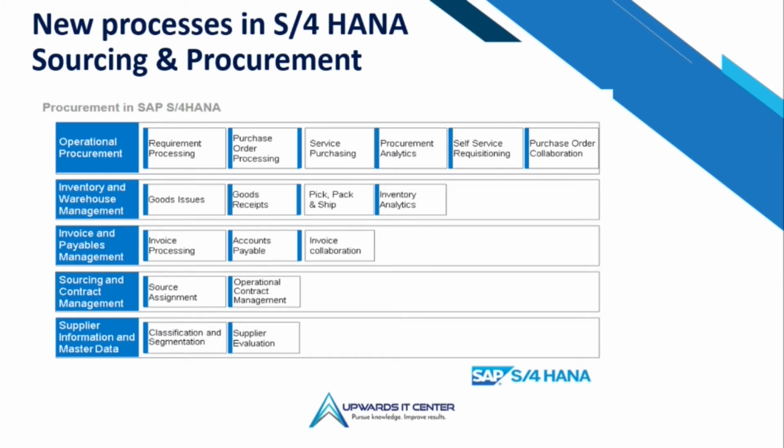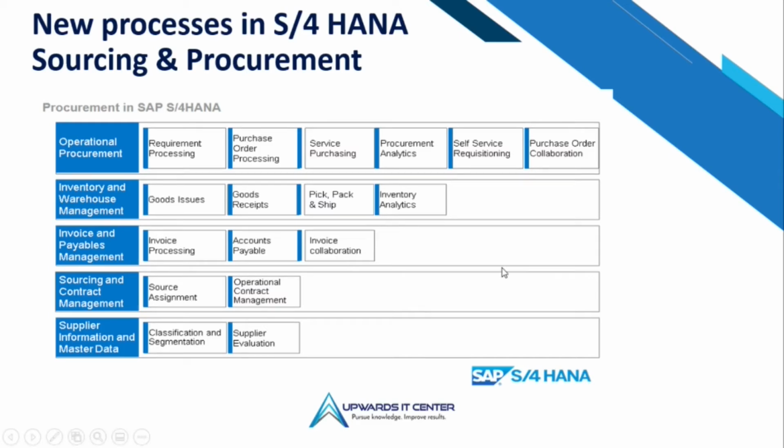So S/4HANA, with the SAP Fiori user experience, offers apps that allow the user to easily approve purchasing documents on mobile. Therefore, nowadays we have new market trends due to the digital transformation.